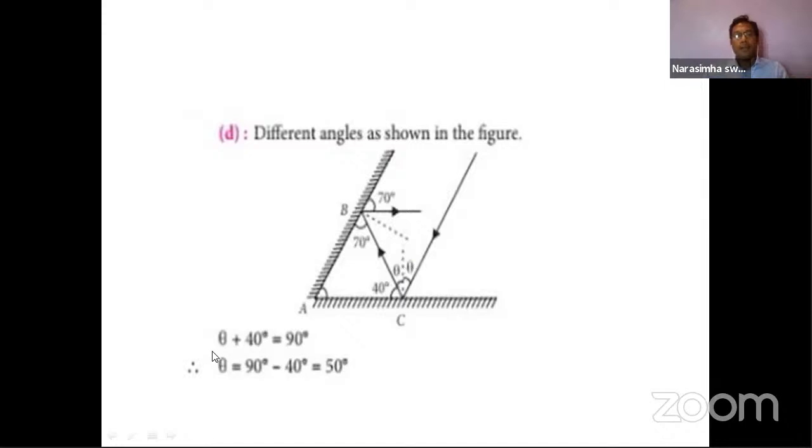So theta plus 40 is equal to 90 degrees, because these two make 90. So theta is equal to 90 minus 40, which is 50. With this you understood that the angle of incidence and angle of reflection lie in the same plane and are equal angles.